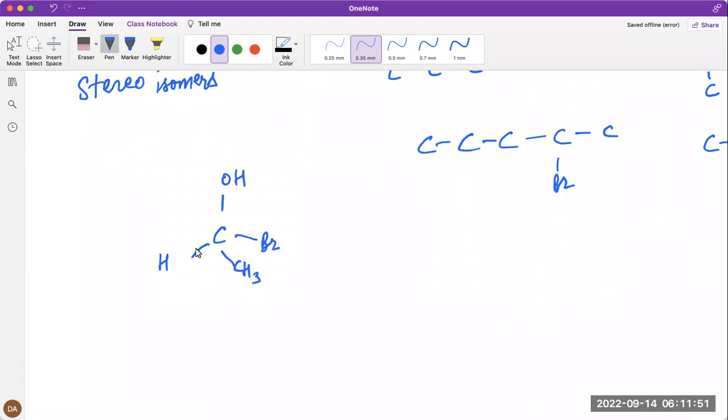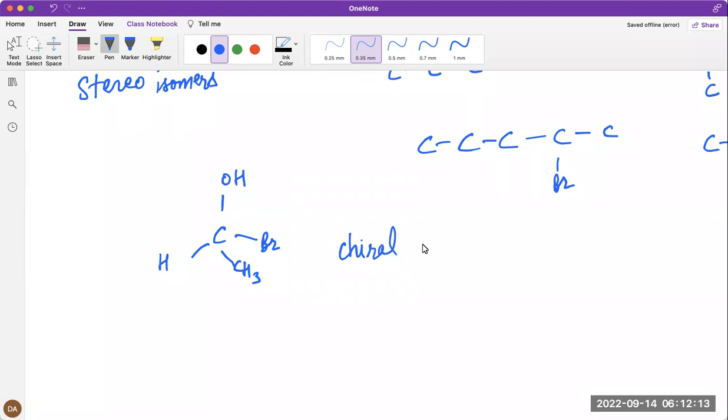Now if you look at this carbon in the very center, this carbon has 4 different neighbors. Whenever you have 4 different neighbors on the carbon, you have the chance of finding a stereoisomer. And the carbon which has these 4 different neighbors, these carbons are called chiral carbons.